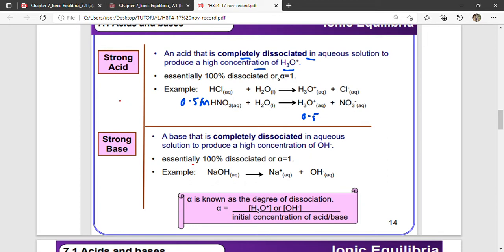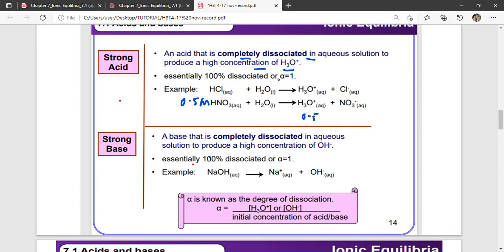So that is what we meant by 100% dissociated. There is no more HNO3 as the reactant when it is introduced in the reaction with water.